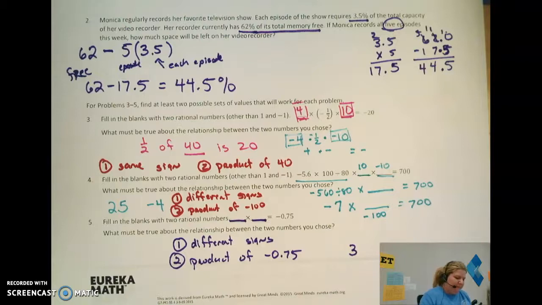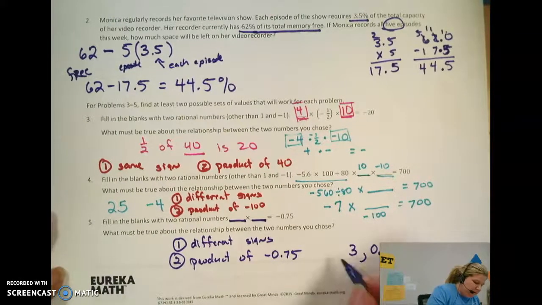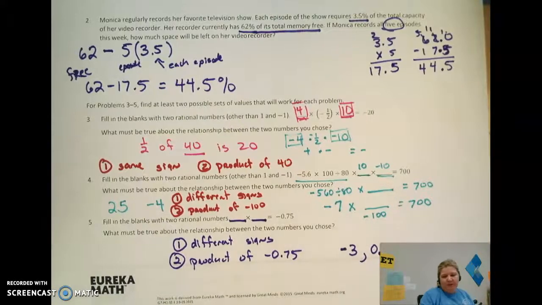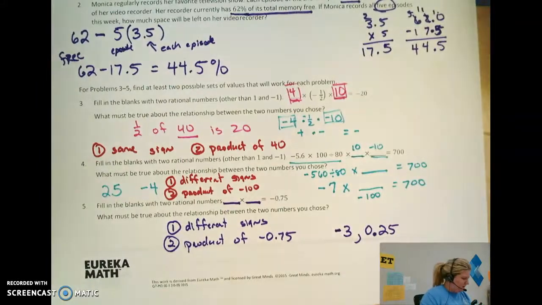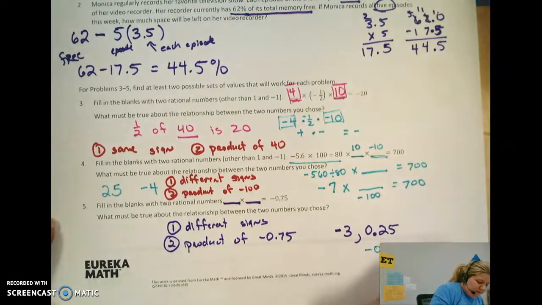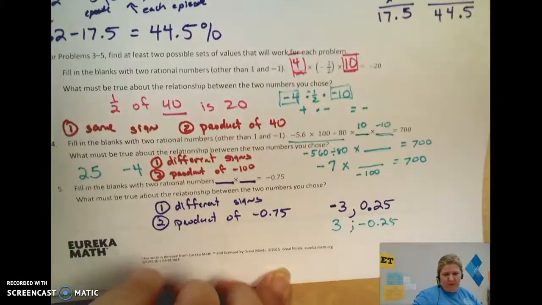But it's not 75, it's 75 hundredths. So 3/4, put a 0 there, and then I can make one of those negative. It doesn't matter which one's negative. Either of them could be negative. So that's one possible answer there. Another possible answer could be negative 0.25 and positive 3. So they have to have different signs and a product of negative 75 hundredths. Okay.